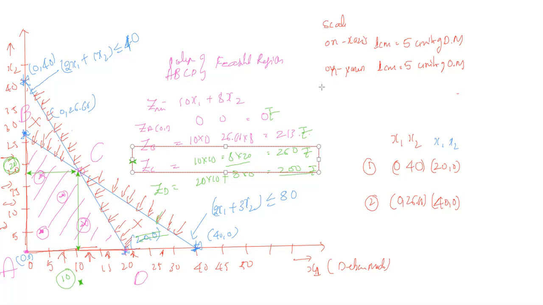The meaning of this is, whenever the manufacturer produces 10 units of x1, where x1 is the deluxe model and x2 is the ordinary model, that is, 10 deluxe models and 20 ordinary models, he will get a profit of 260 rupees. Maximum he can make a profit of 260 rupees.